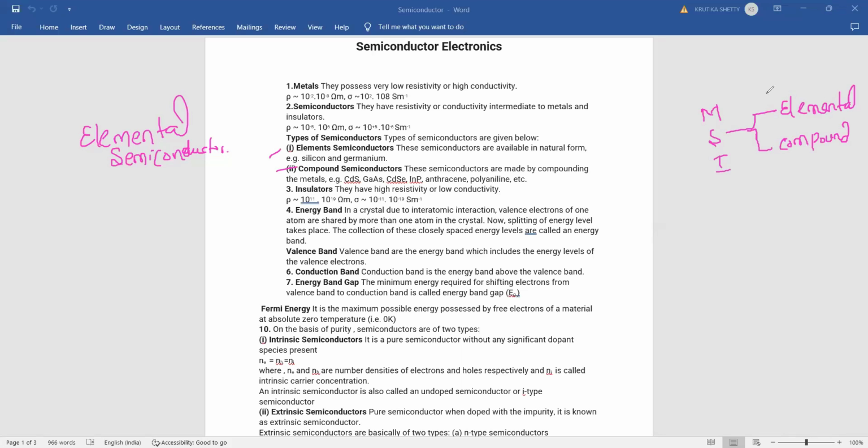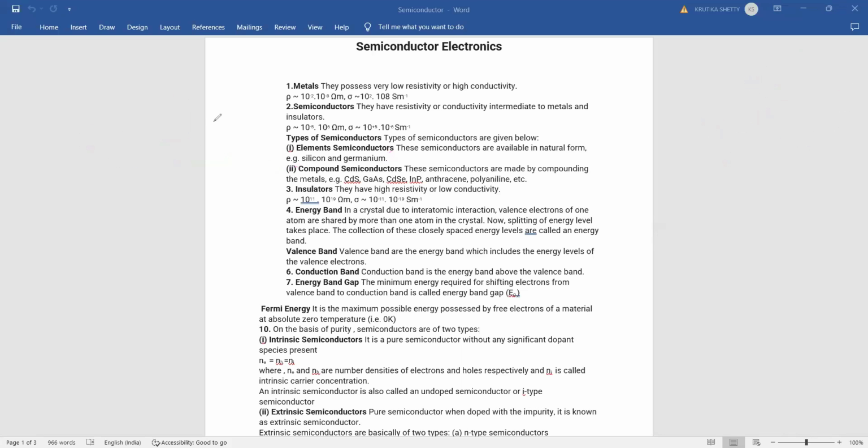The naturally existing semiconductors are called elemental semiconductors. In the case of the elemental semiconductors, we have only germanium and silicon. If you see the periodic table, in the full periodic table, in total how many elements are there, students? How many elements are there in the periodic table?